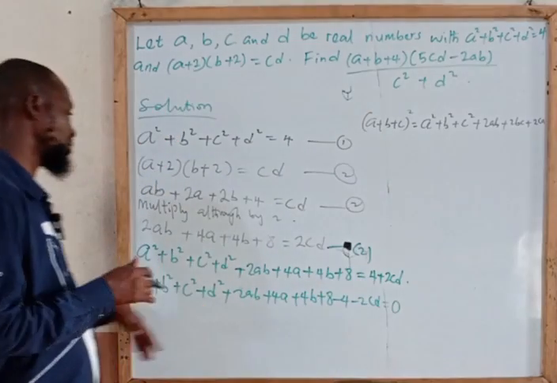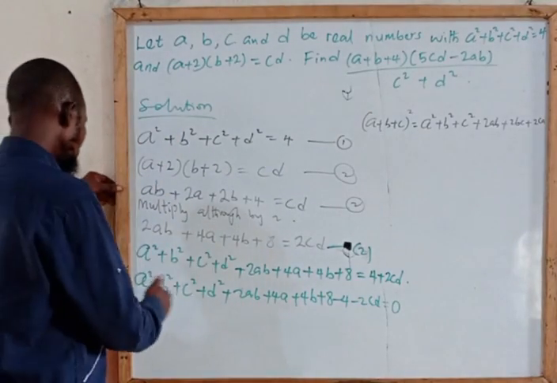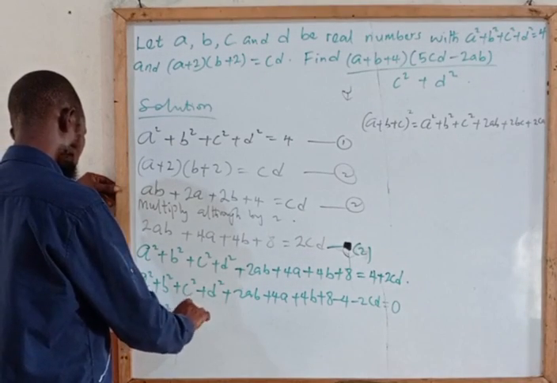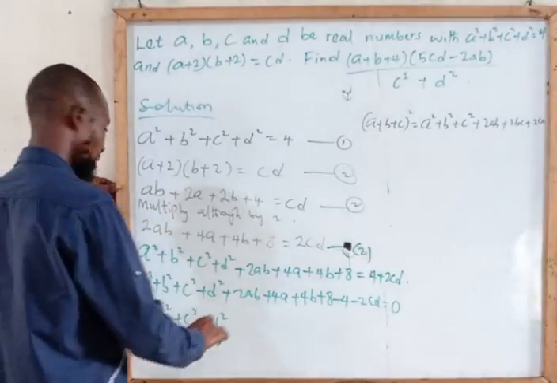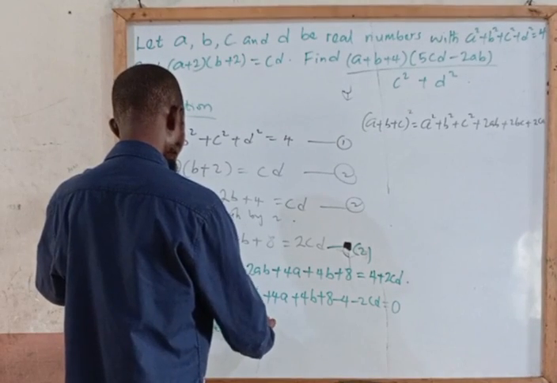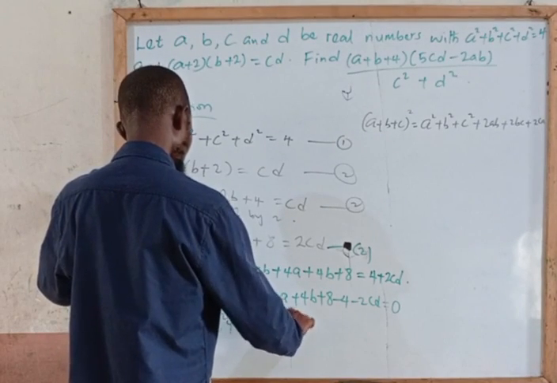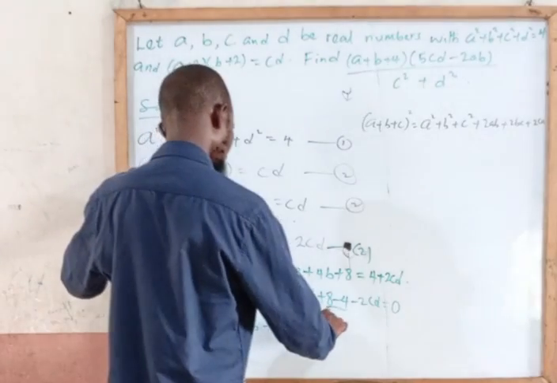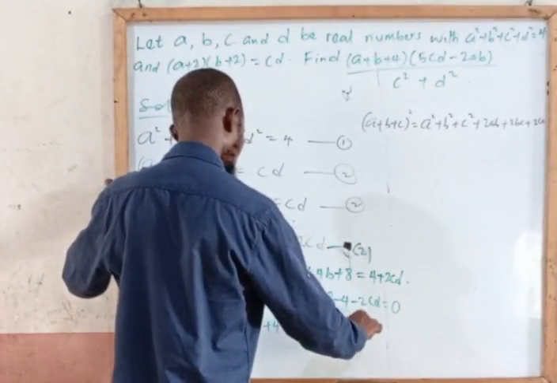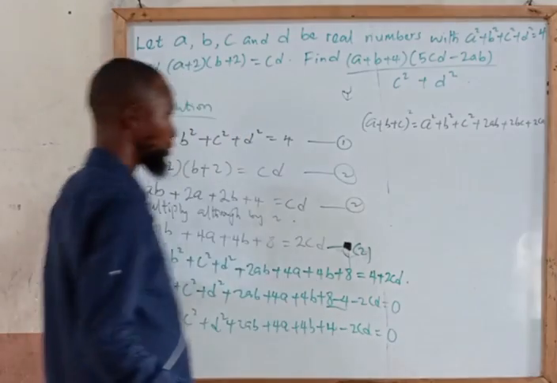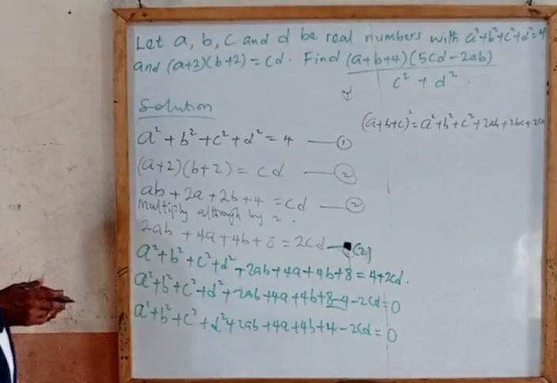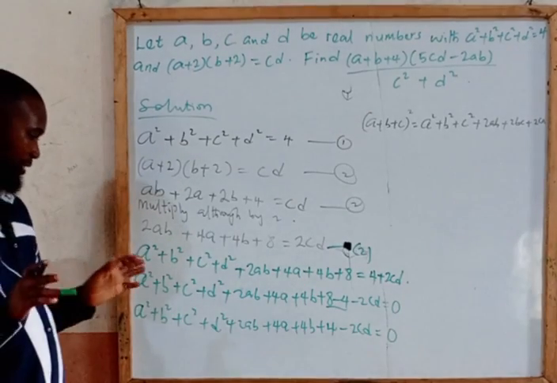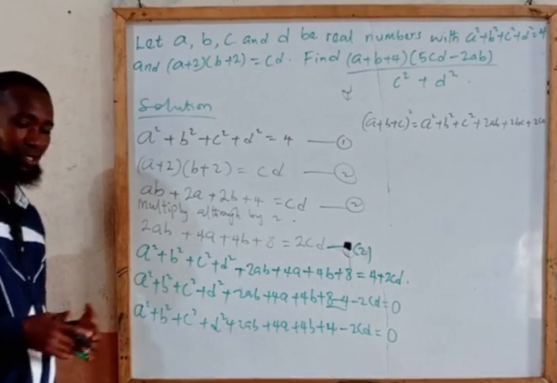This is still the same as a squared plus b squared plus c squared plus d squared plus 2ab plus 4a plus 4b, and 8 minus 4 gives plus 4, minus 2cd, equal to 0. Now, when I have 4 variables, one of the best things I can do is separate it into 2 parts.